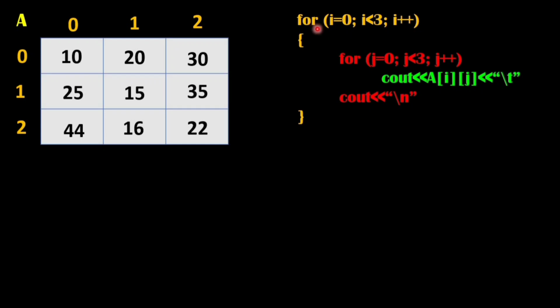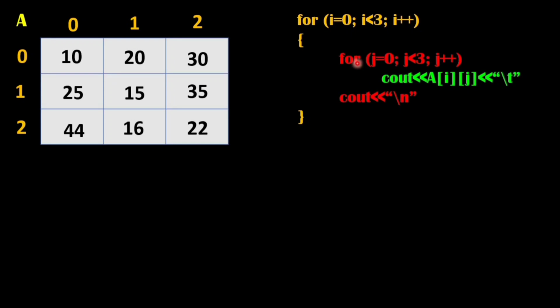So the first for loop, i is equal to 0, i less than 3 and i plus plus, has two statements inside it. What are the two statements? A for loop, j is equal to 0, j less than 3, j plus plus, and cout slash n.